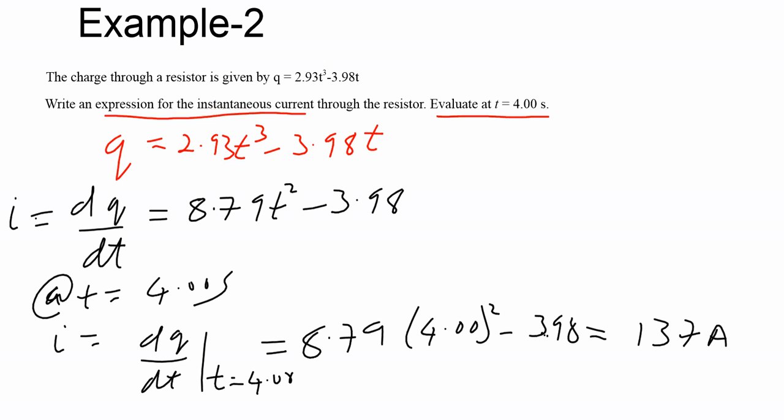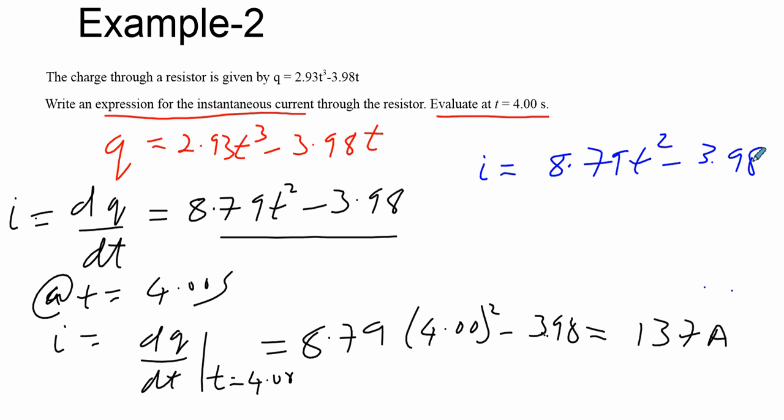So the expression here would be this one here we got. So the expression would be I equals 8.79t squared minus 3.98, and the value of the current equals 137.7 amps.